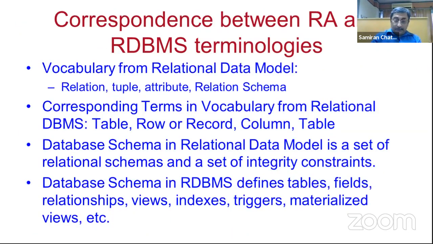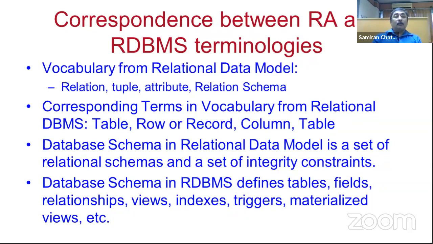See, in DBMS, when we start reading, we first start with a relational data model, which is a mathematical kind of element. Now, in the relational data model, we talk about relation, tuple, attribute, relation schema. Now, the moment you go to RDBMS, these terms are occluded by terms like table, row, column.